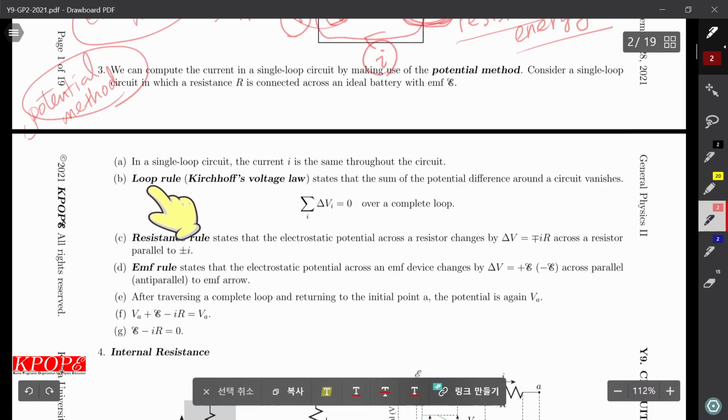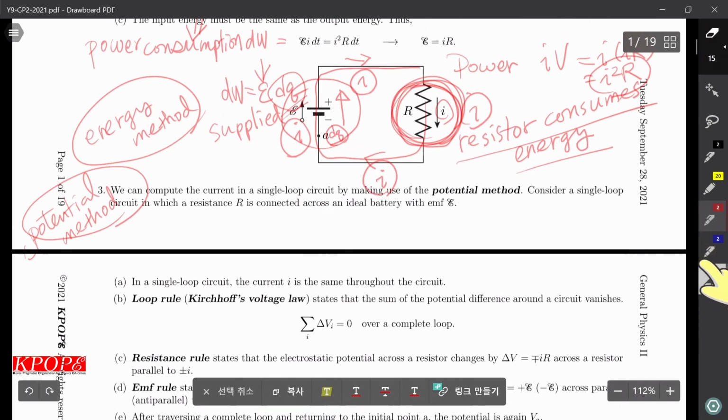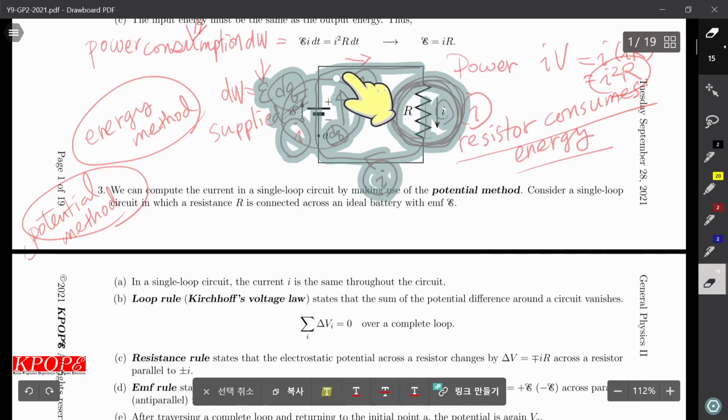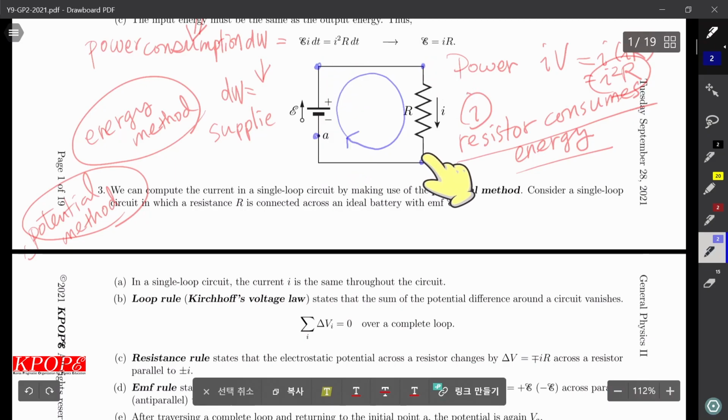The loop rule is called Kirchhoff's Voltage Law. When you travel along a closed loop, your electrostatic potential changes step by step. Let me draw.